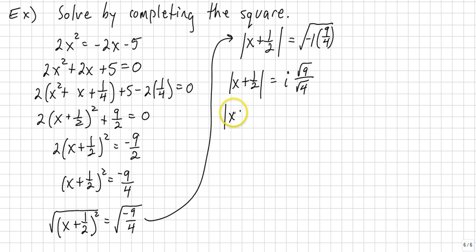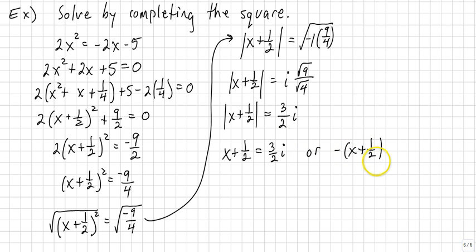So we get absolute value of x plus 1/2, and then the principal square root of 9, the principal square root of 4, we end up with 3/2. And then we split this up into our two equations. So x plus 1/2 is 3/2 i, or negative x plus 1/2 equals 3/2 i.